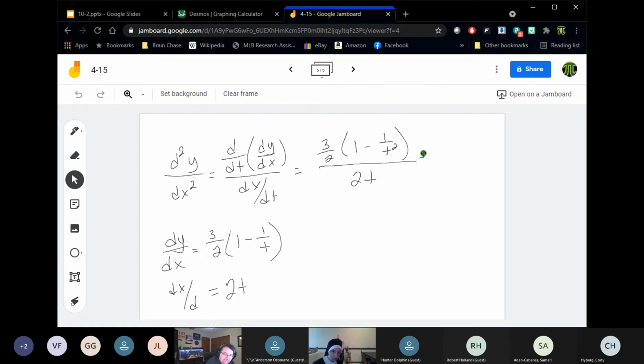So if we simplify all that down, I get 3t squared plus 1 over 4t to the third.